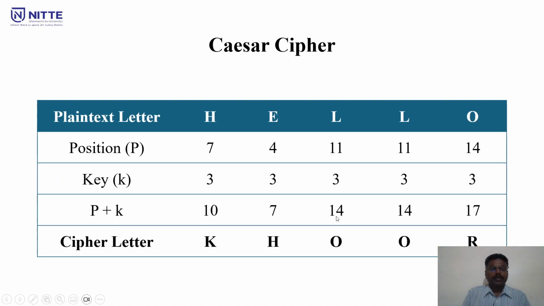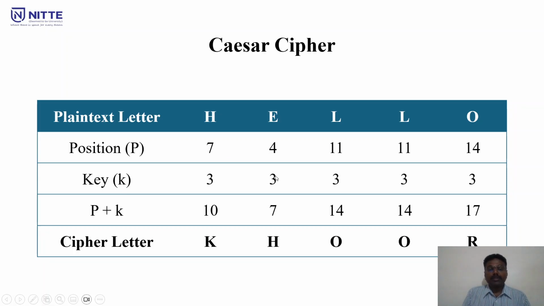Now to convert from plain text to ciphertext, for HELLO, we take the positional values of each letter in the given plain text. For H, the positional value is 7, for E it is 4, for L 11, 11, and for O the 14th position. The key value we have considered here is 3.